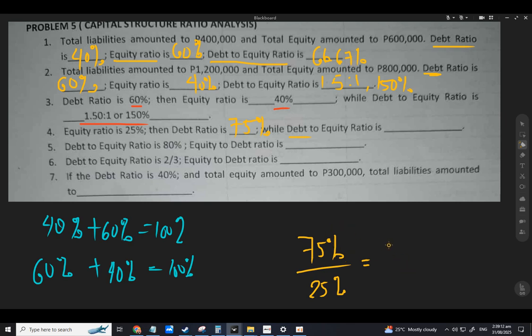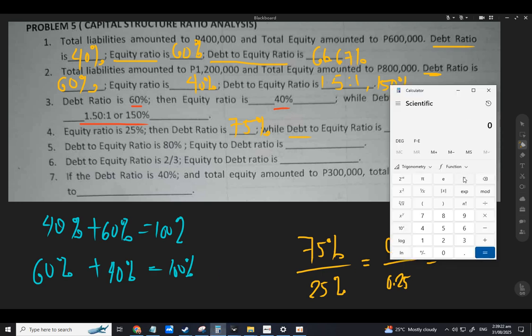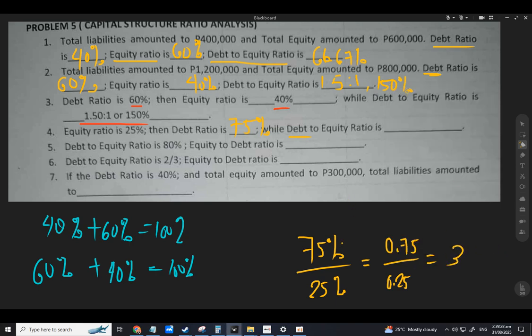So 75% will be 0.75, 25% is 0.25. And the answer will be, let's use a calculator, 3, right? 3 is to 1, or 300%. Ang debt to equity ratio natin for number 4.